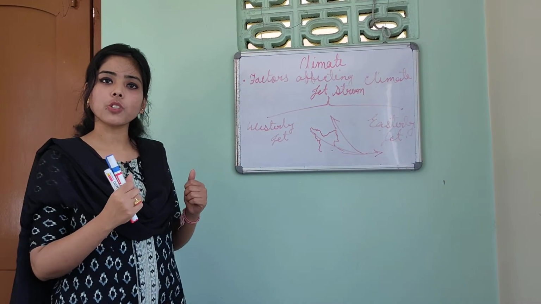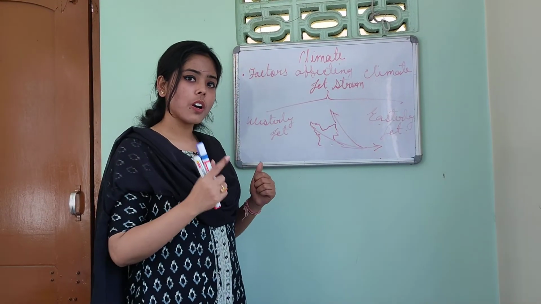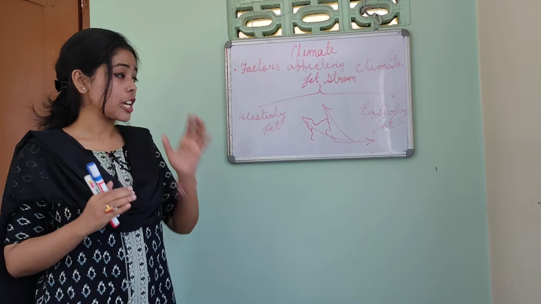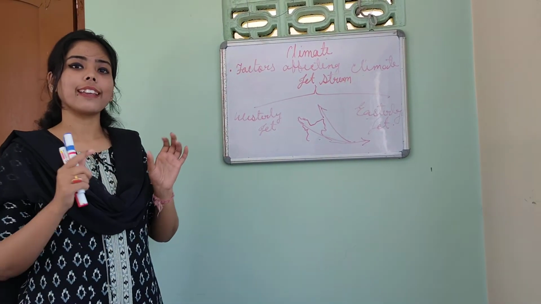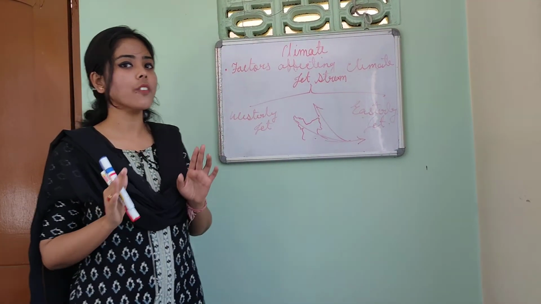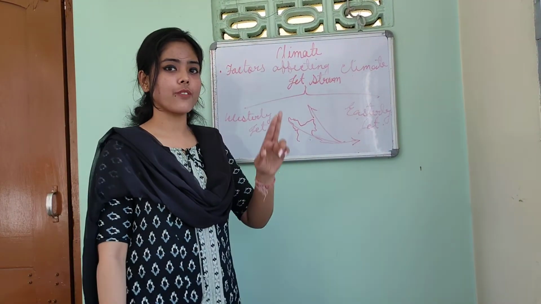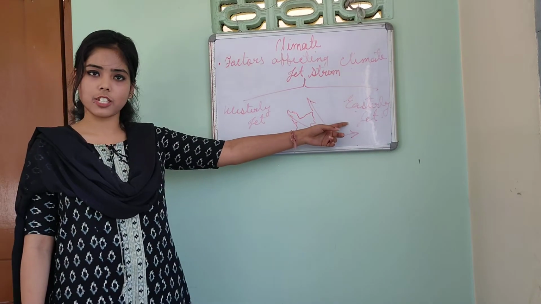And when the southwest monsoon is strongest, we know that during summer time or just after the summer, due to the southwest monsoon only, India experiences a huge amount of rainfall. Understood? So the jet stream is divided into two parts, westerly and easterly.